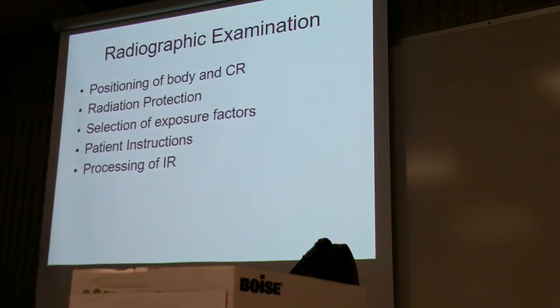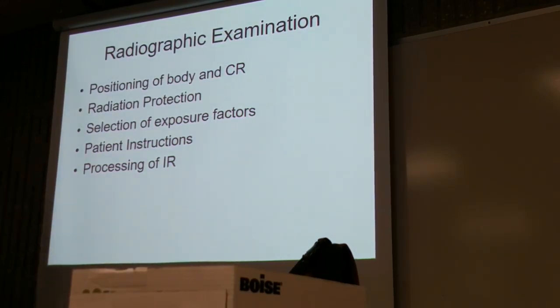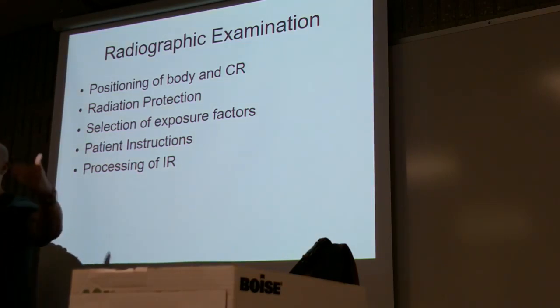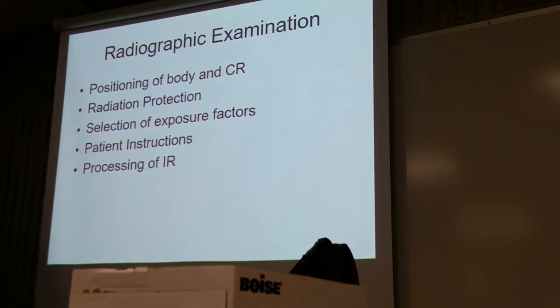Do you guys remember the anode-heel effect? See, I'm bringing back stuff that you learned, what, 3 years ago? The anode-heel effect. The beam intensity varies from the cathode end to the anode end. The cathode end of the X-ray beam is going to be greater than 100%, whereas the anode end is going to be less than 100%.